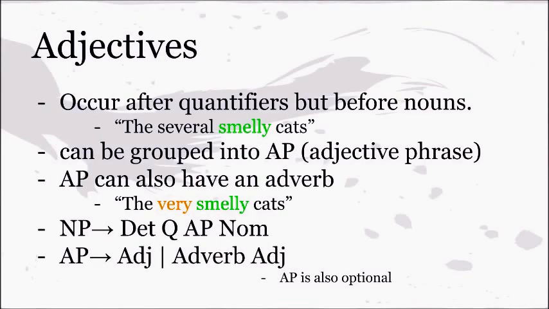To include adjectives in the CFG, another variable would be made, in this case AP, which stands for adjective phrase. AP can result in either just an adjective or an adverb followed by an adjective. The AP would lie after the determiner and quantifier, but before the nominal. And like the other two, AP is also optional when parsing.